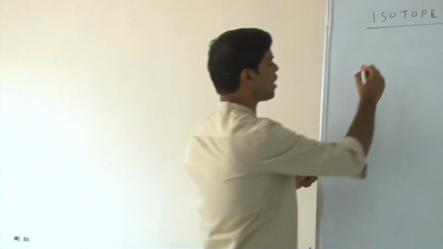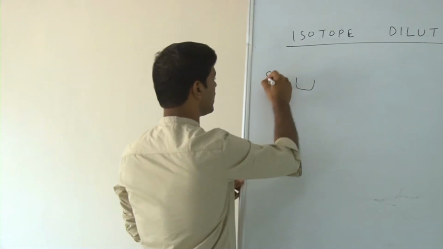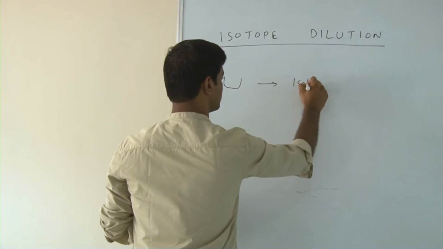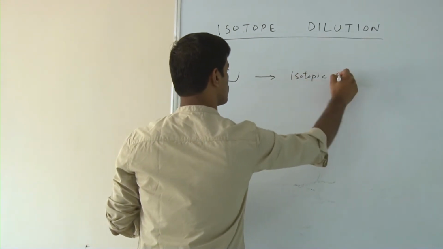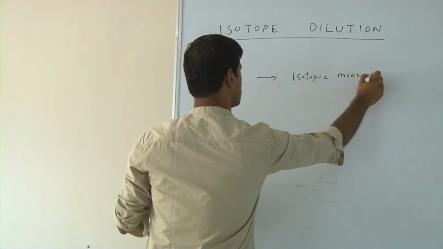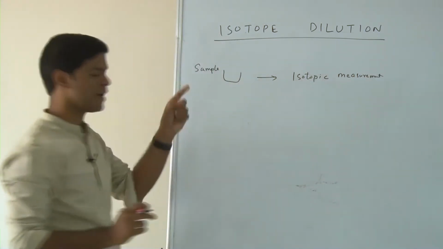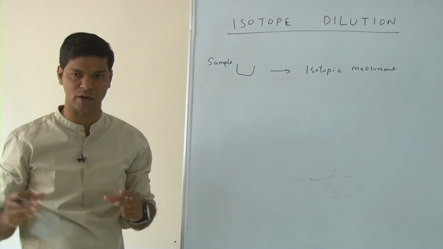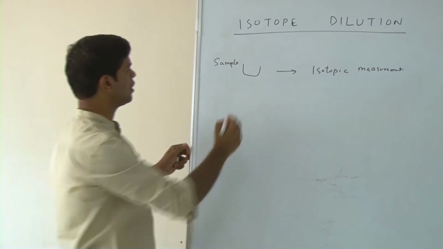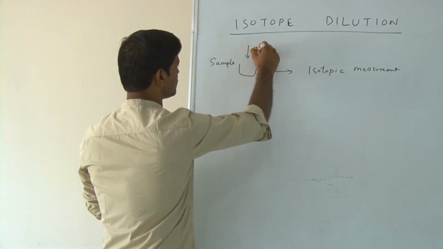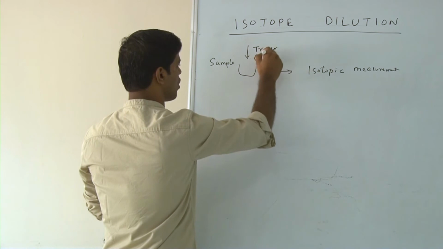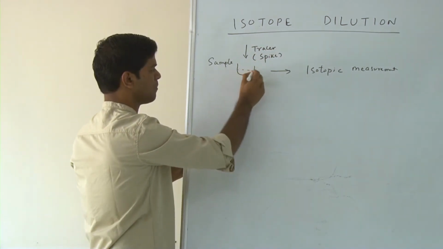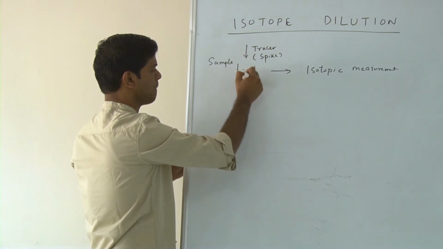So, basically till now what you were doing is taking a sample and doing the isotopic measurement. And for that you are not able to quantify the losses that occur along the different pathways. So, what you do now is add a tracer to it, sometimes called a spike. So, you had a sample, you add this tracer, and mix it.